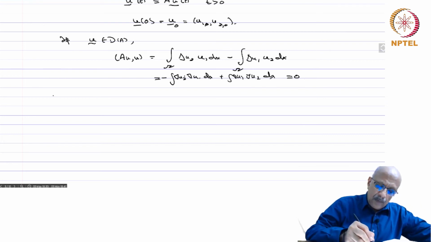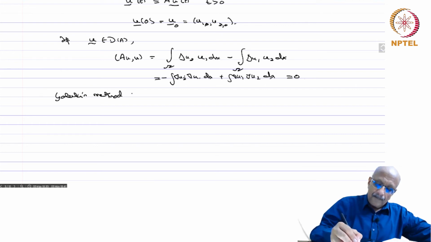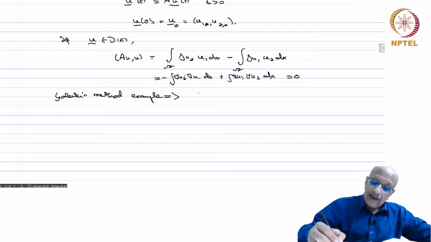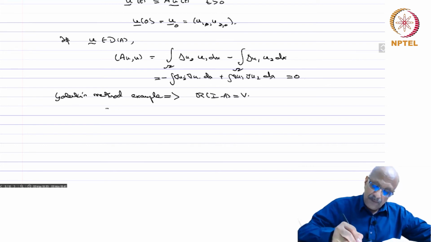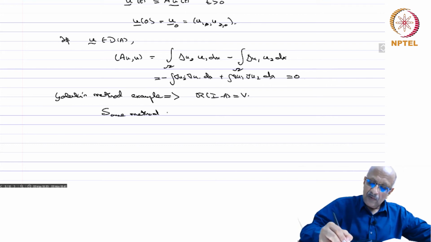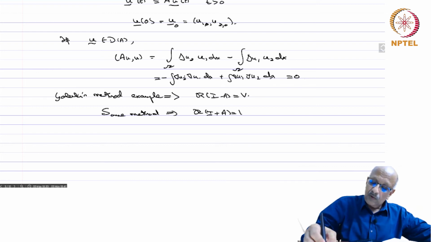Now, if you go back to the Galerkin method example, it precisely says range of I minus A equals the whole space. And the same method will imply range of I plus A is also equal to the whole space.